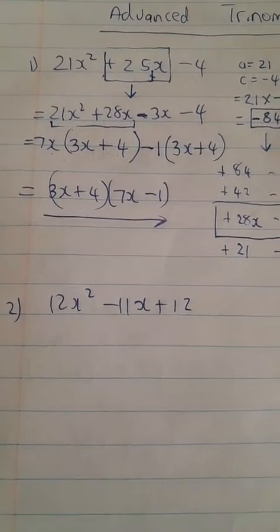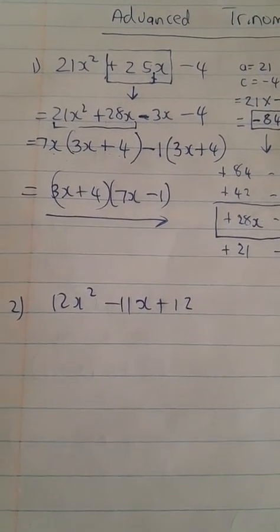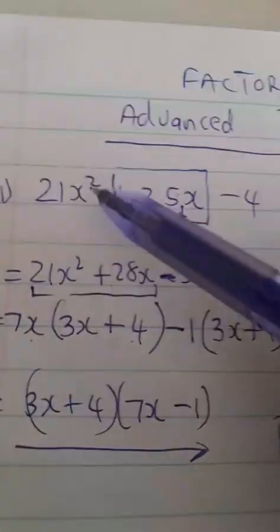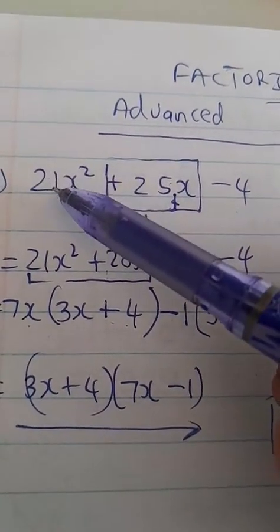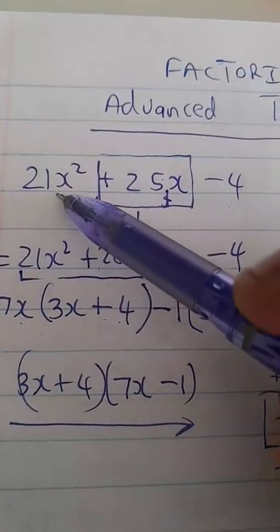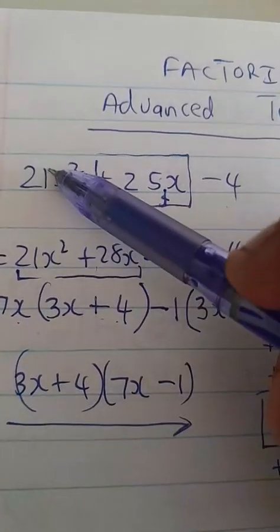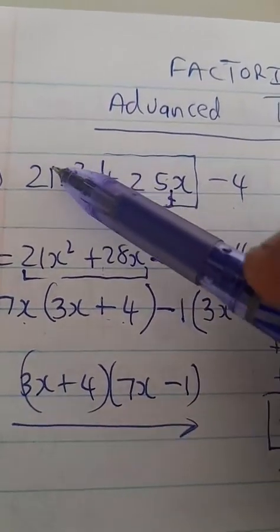So, how do we know if the expression needs to be factorized in an advanced way? You know that an expression needs to be factorized in the advanced way if the trinomial has a coefficient of x squared that is not 1.